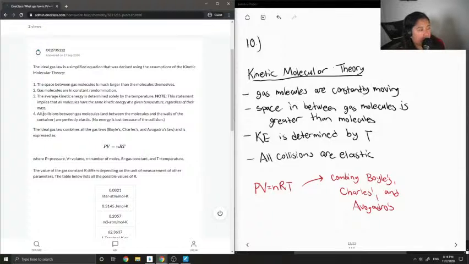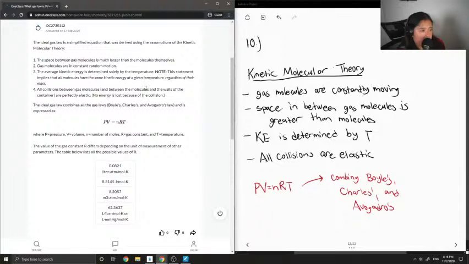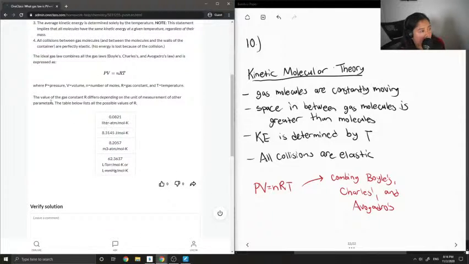All collisions between gas molecules and between the molecules and the walls of the container are perfectly elastic. No energy is lost because of the collision. Ideal gas law combines all the gas laws, Boyle's, Charles's, and Avogadro's, and is expressed as PV equals nRT. The value of the gas constant R differs depending on the unit of measurement of other parameters. The table below lists all the possible values of R.